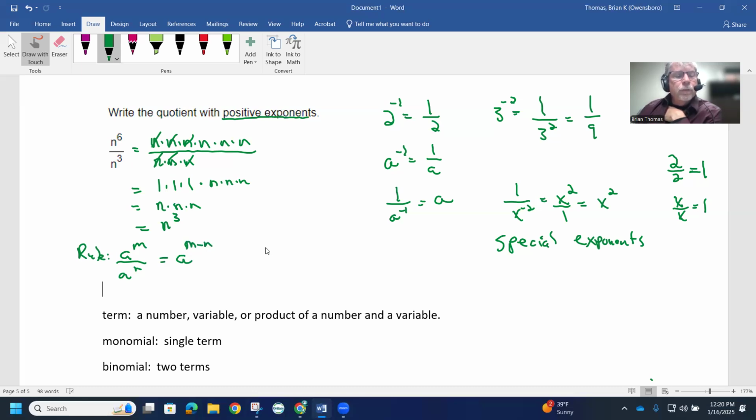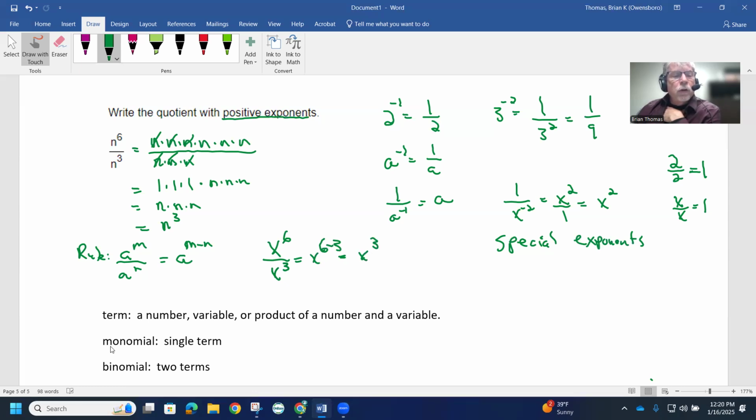So for our problem, the shortcut is if you have x to the sixth divided by x to the third, notice how we have the same bases. So I keep the base and I subtract the exponents, 6 minus 3. Well, 6 minus 3 is simply 3. That's where I get this x cubed.